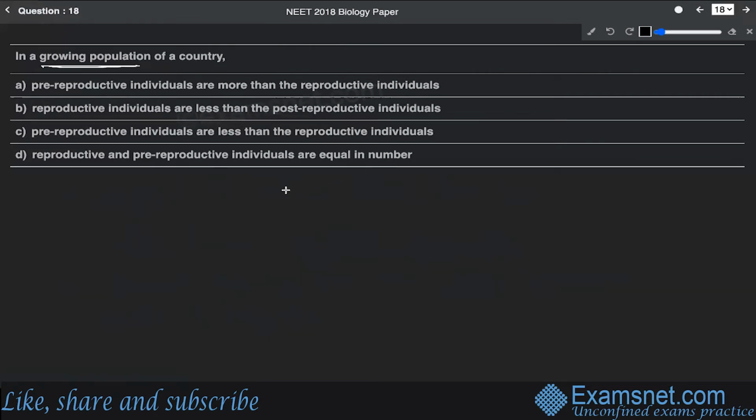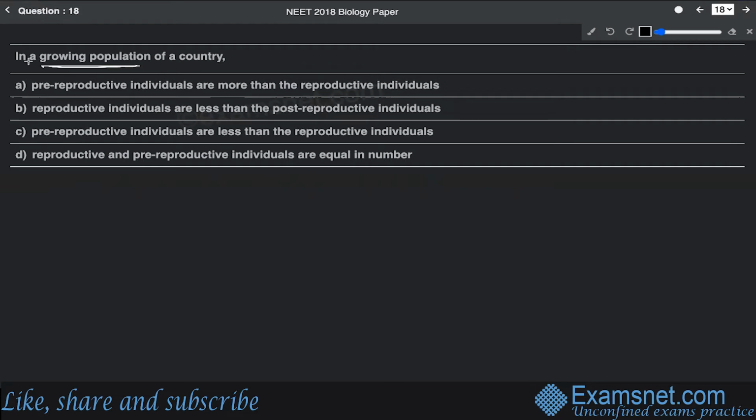So this question has been asked from the chapter of organism and population, from your 12th standard. And let me tell you that basically there are three kinds of age pyramids that you people might have studied: one is the expanding population, other is the stable population, and the third is a declining population.